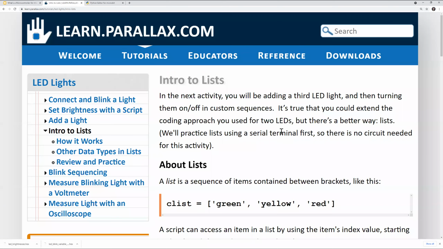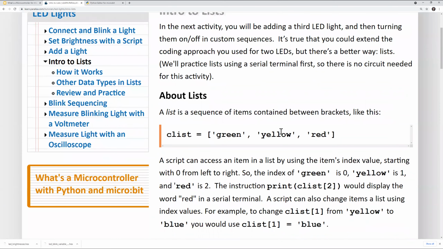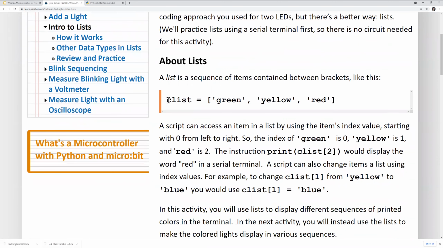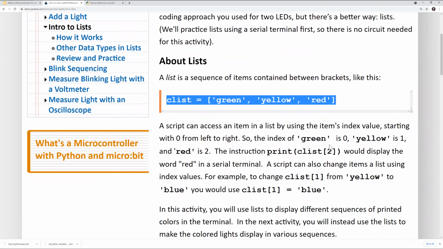Let's talk about a little computer science side shoot. Before we do the next application, we talk about lists in Python. Lists are a lot like arrays in the C language.